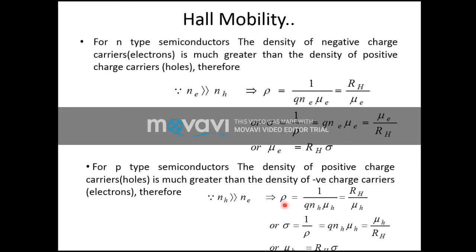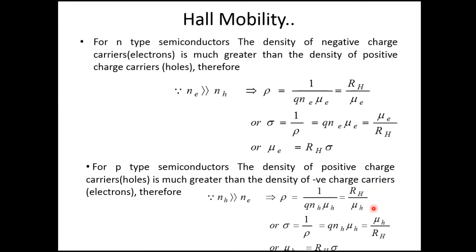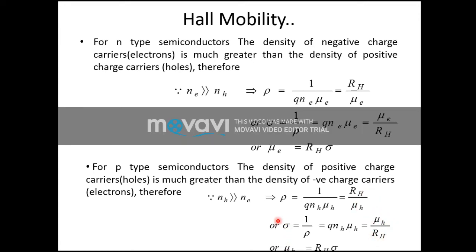Okay, so we are getting the resistivity 1 by Q NH mu H, and Q NH is nothing but the Hall coefficient, so RH by mu H, and you know sigma is equal to 1 by rho, so this term will go up, and this will go up here, so mu H by RH. Now look at this and look at this. So sigma into RH will give you Hall mobility over here. So mu H is equal to RH into sigma.